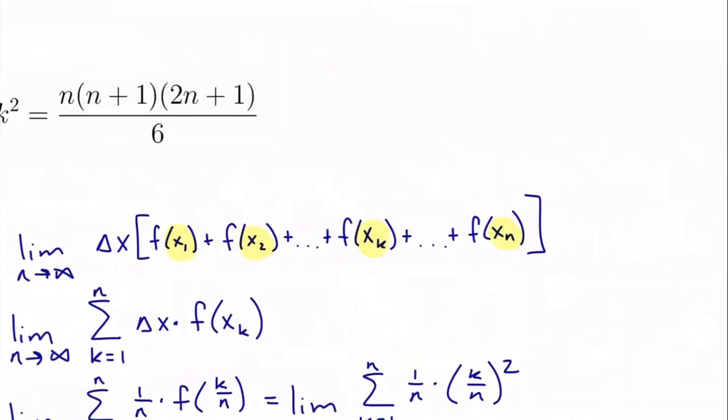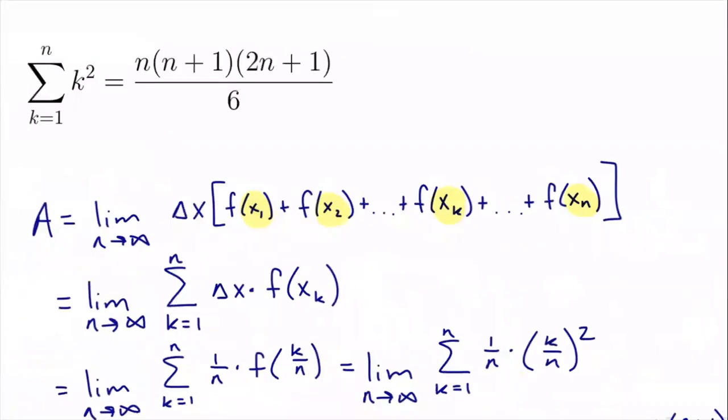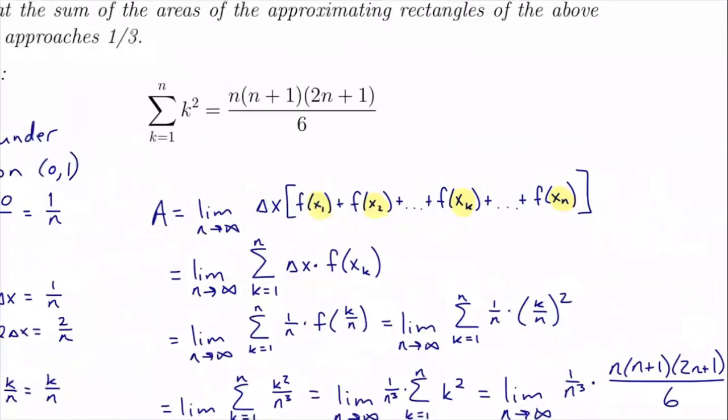I can write down what these things are. This is going to be the value for the x sub k case, k over n. That's a useful thing, because what I need to do is take the function and evaluate it at that x value.